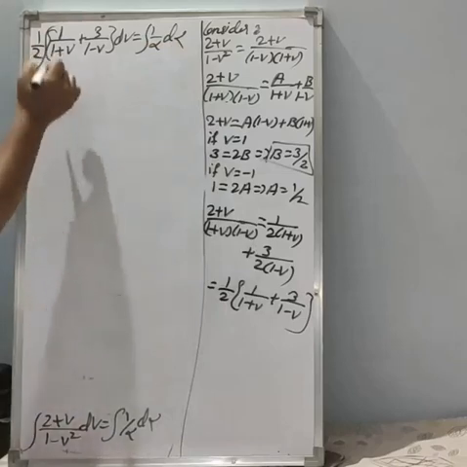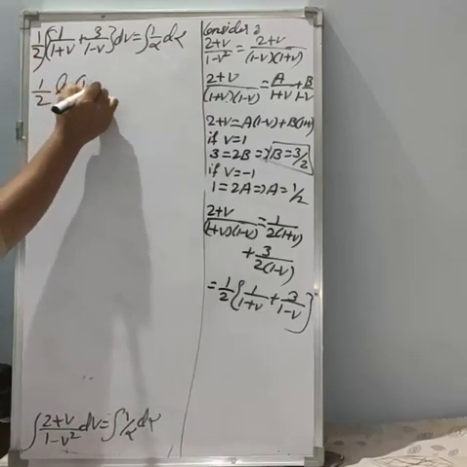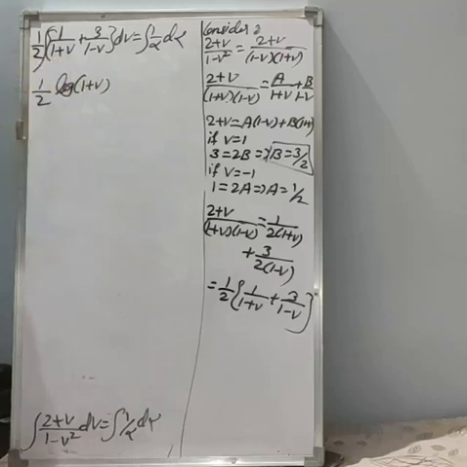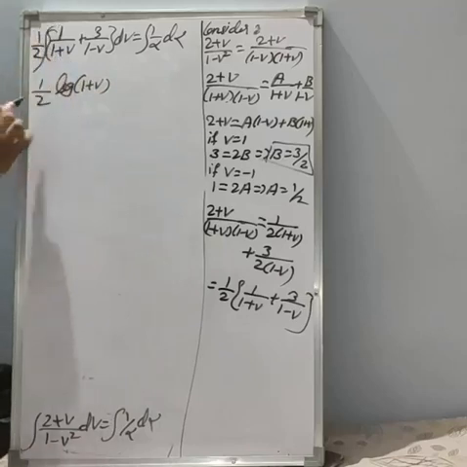1 by 2, the integration of 1 upon 1 plus v is log of 1 plus v, because it is in the form of f dash of x divided by f of x, right? And here if you differentiate this v, you will get the value 1. So we can write log f of x, log 1 plus v.